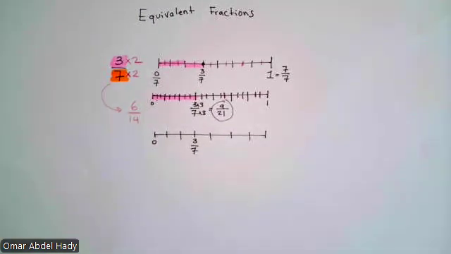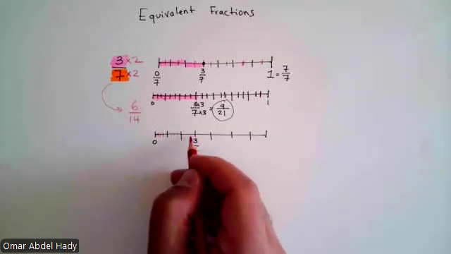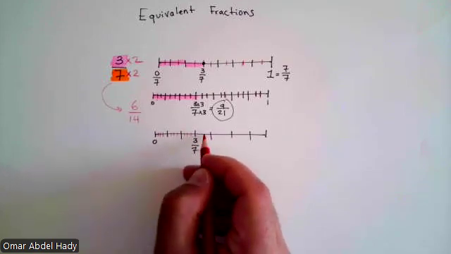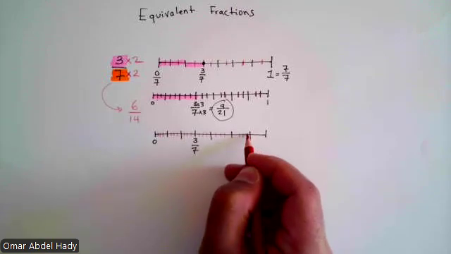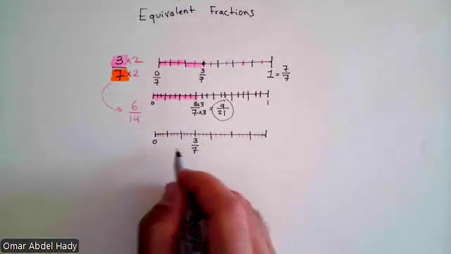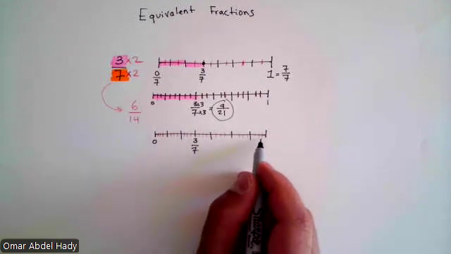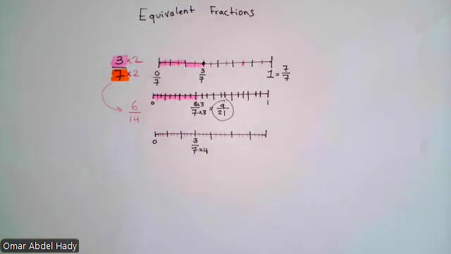If I take each seventh and break it into 4 parts, I just have to draw 3 lines to make up 4 parts. Again, I took each seventh and broke it into 4, but I had only 3 out of the 7 available.